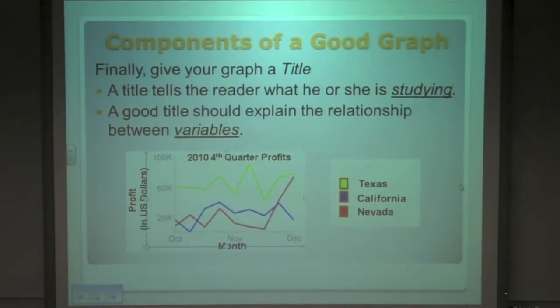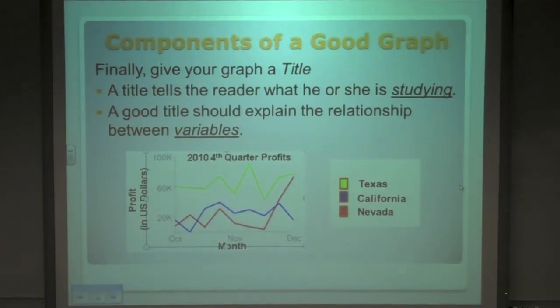Almost done with this. Components of a good graph. We always want to include a title. Titles are very, very important. Titles in a graph are going to show exactly what the graph is about. So as soon as the person opens up to the graph, they can see instantly what this particular piece of information is trying to illustrate or display.